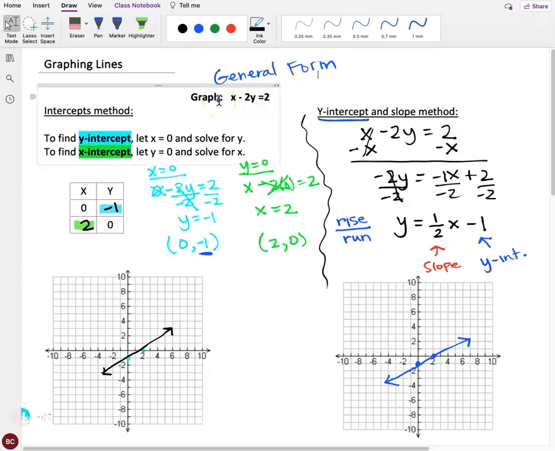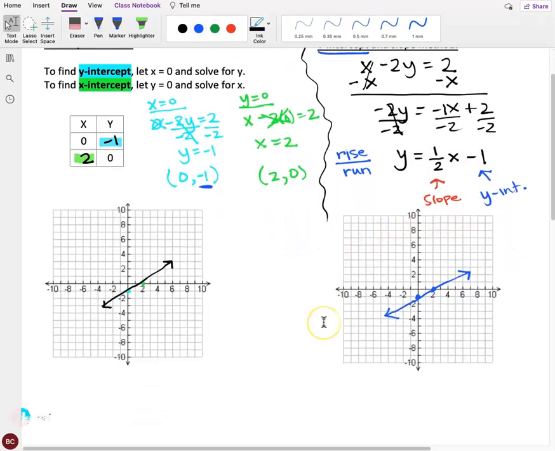But it is one good way when it's in that form to use that intercept method. But the other way is just change it to that y equals mx plus b form, the slope-intercept form, and then you can use the y-intercept and then the slope from there.